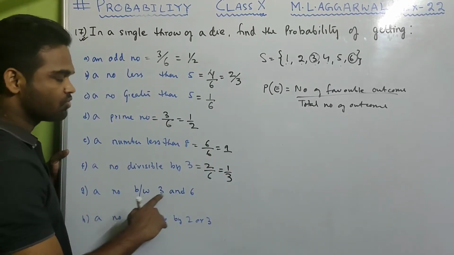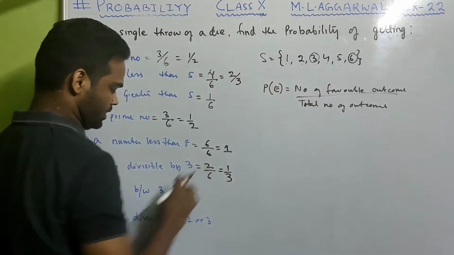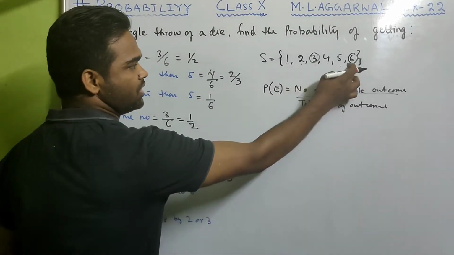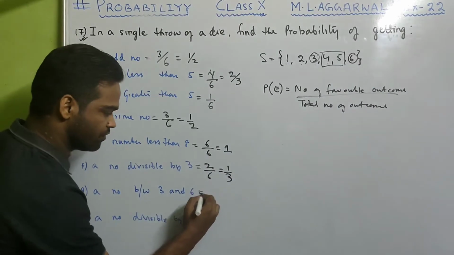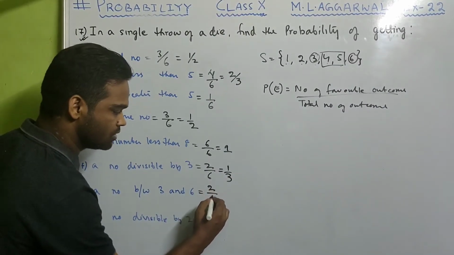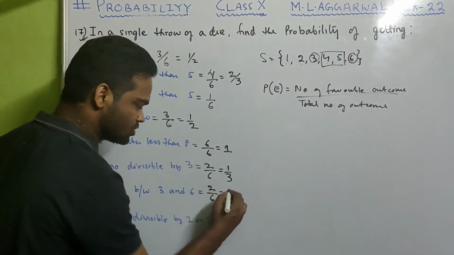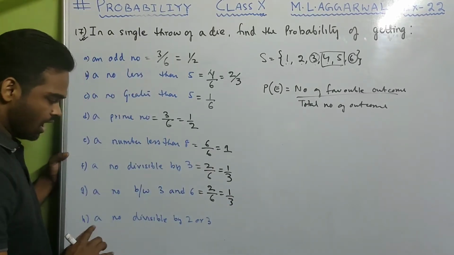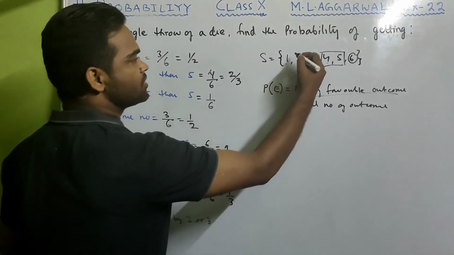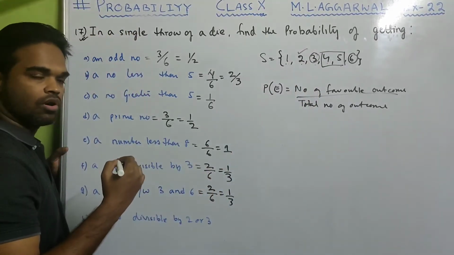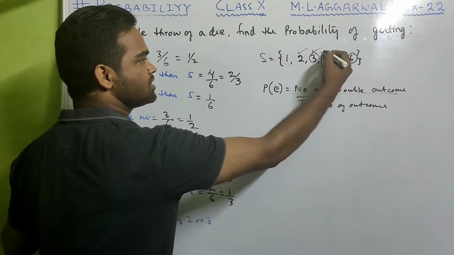A number between 3 and 6. Between 3 and 6 you have these 2 numbers, isn't it? So your favorable outcomes is 2. Total outcomes is 6. So that's 1 by 3. A number divisible by 2 or 3, which means 2 qualifies, 3 qualifies, 4 and 6.